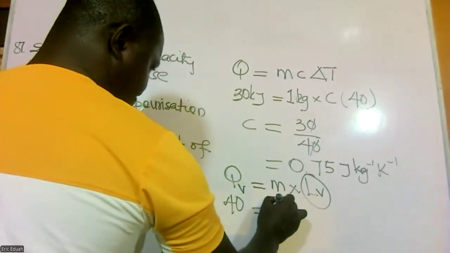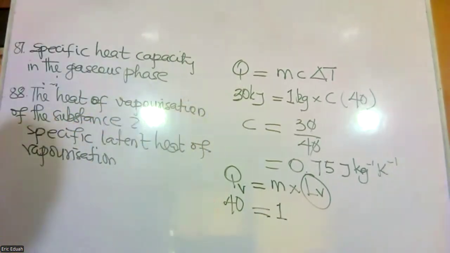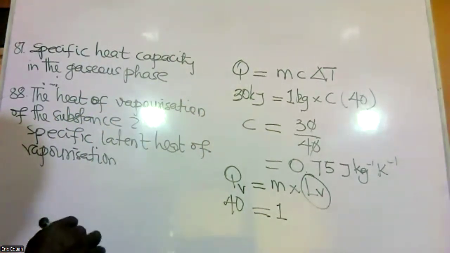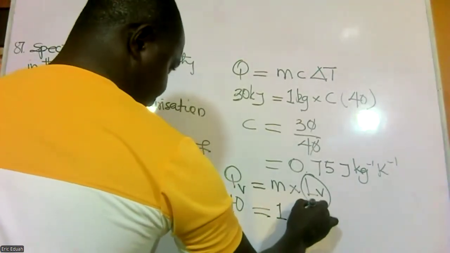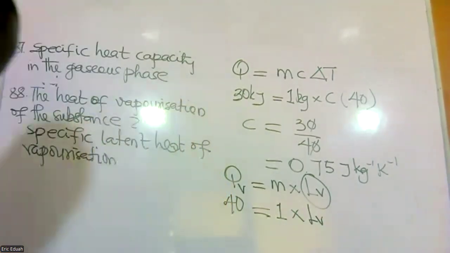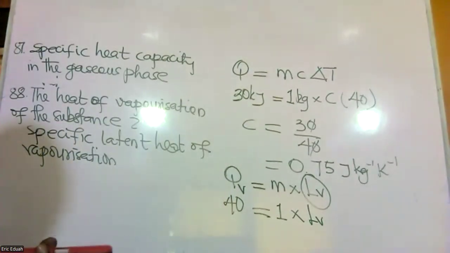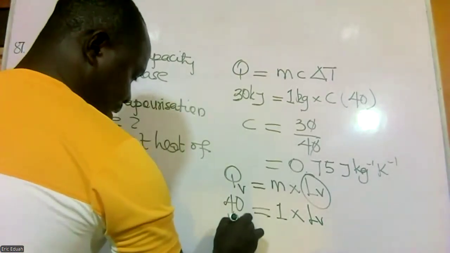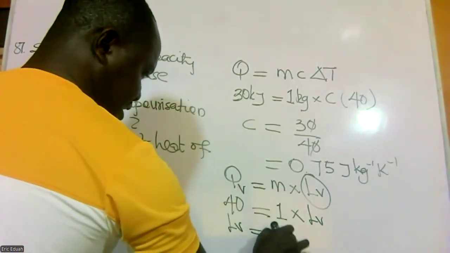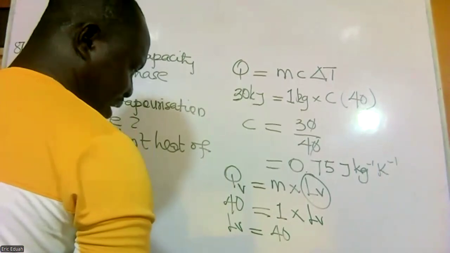the mass is 1 times LV. Therefore, LV is equal to 40 divided by 1.